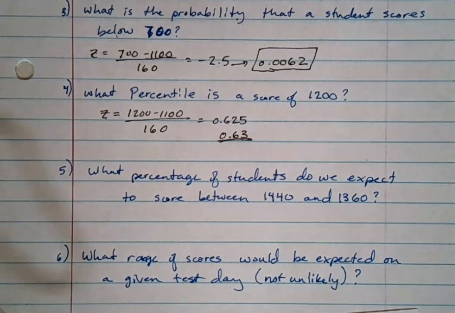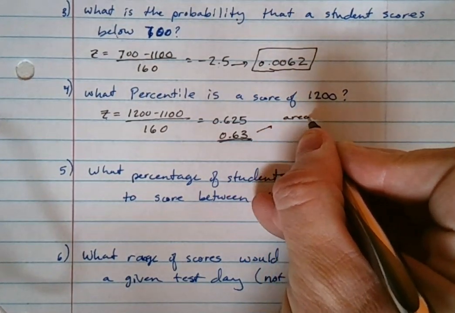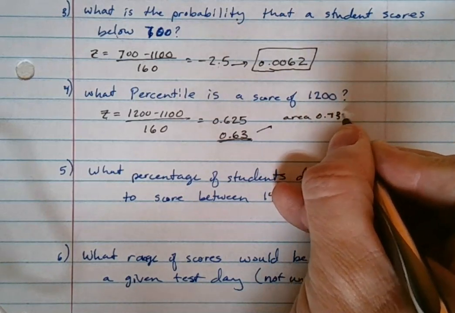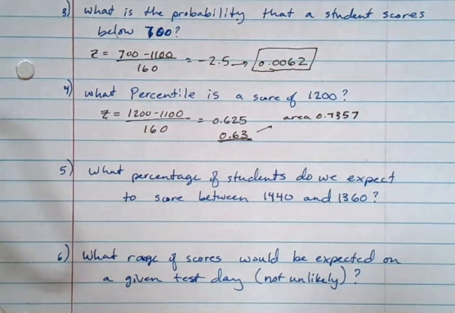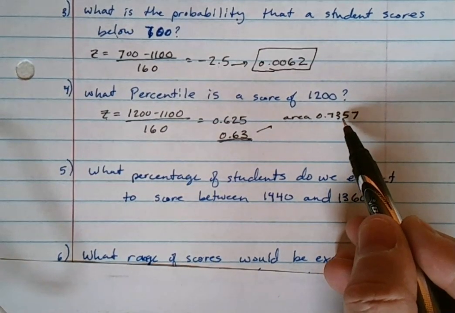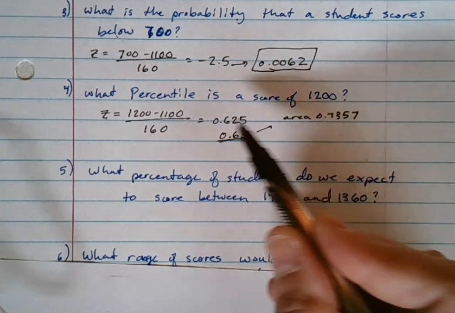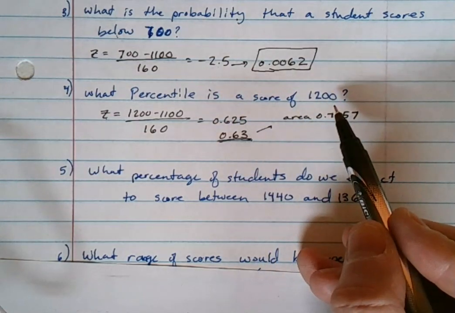So I'm going to go, that is an area of 0.7357. Another way to think about that is 73.57% is below 1200.